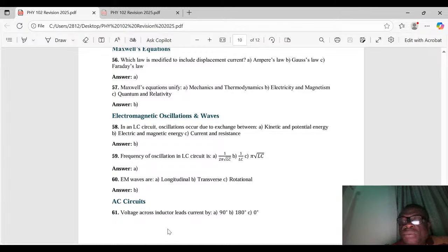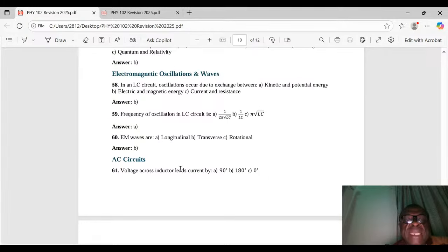So next we'll look at 58. In an LC circuit, L stands for inductance, C stands for capacitance.